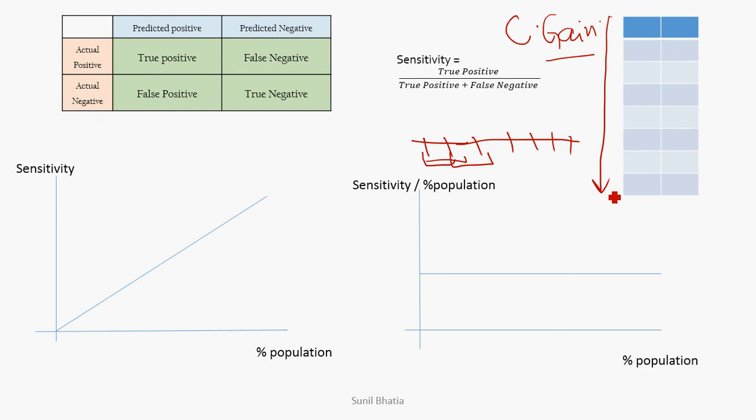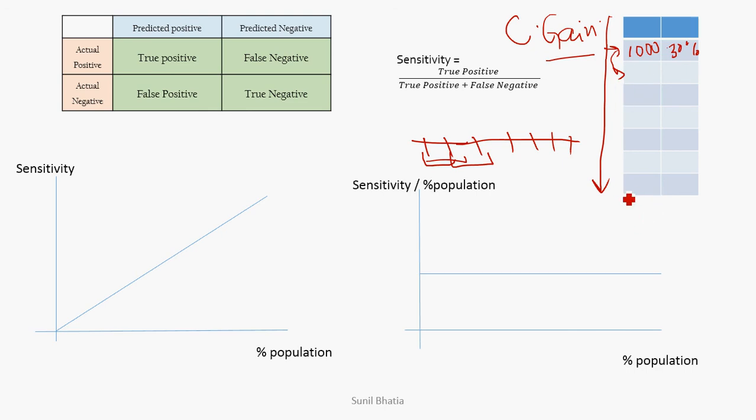in descending order. Let's say we have the first 1000 data points, and our response or sensitivity was much higher. Let's say 30% of the predictions come from the first 1000. Then we take the cumulative addition.